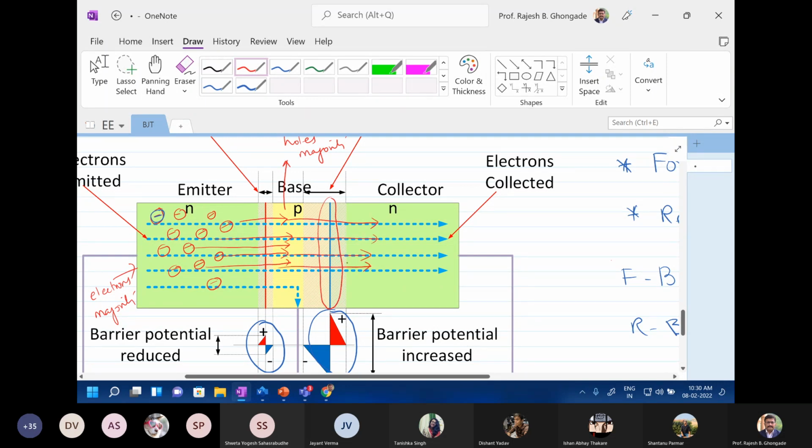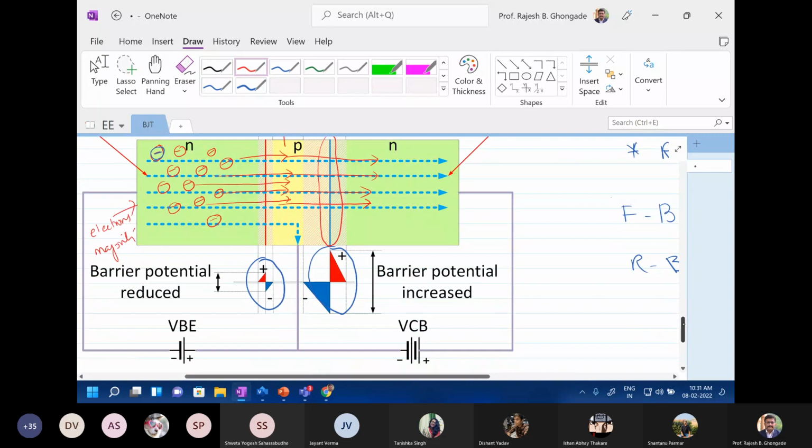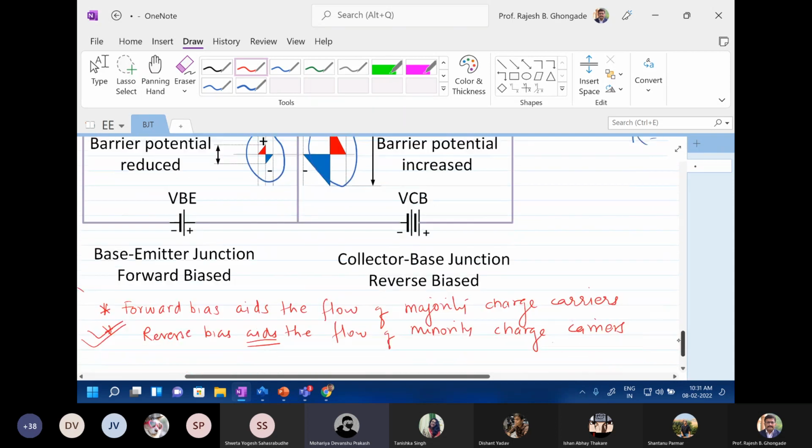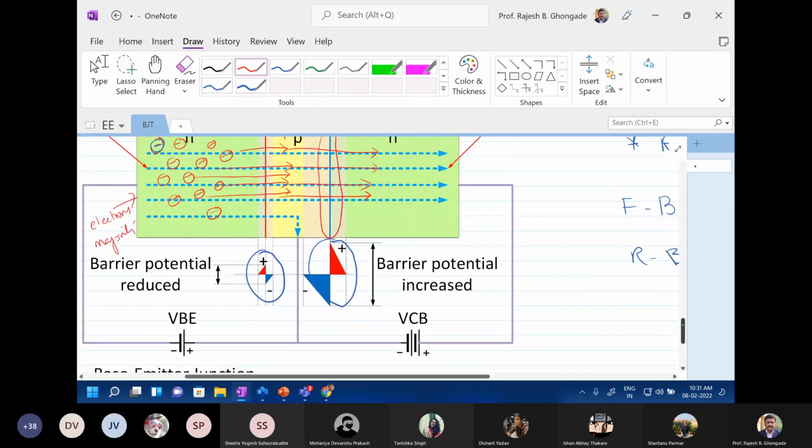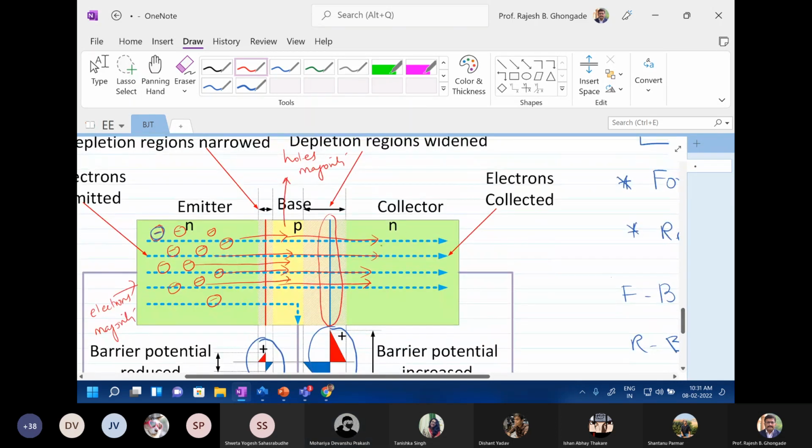Why will these electrons go into the collector region? Because reverse bias aids the flow of minority charge carriers. Excellent. I'm just trying to see whether you have understood the phenomena and the concept.